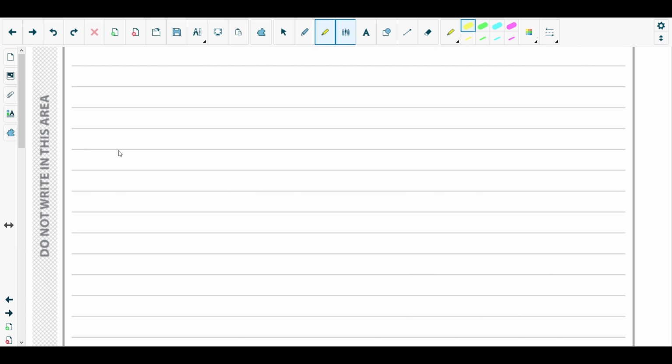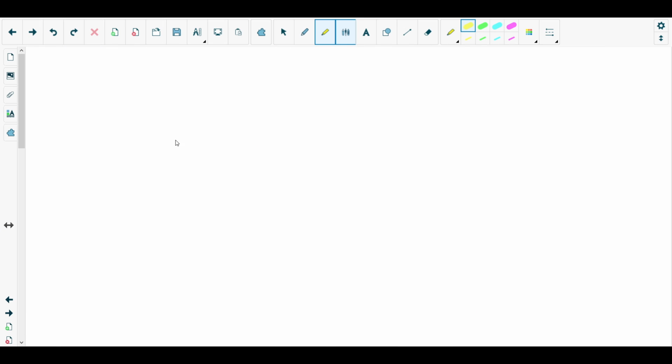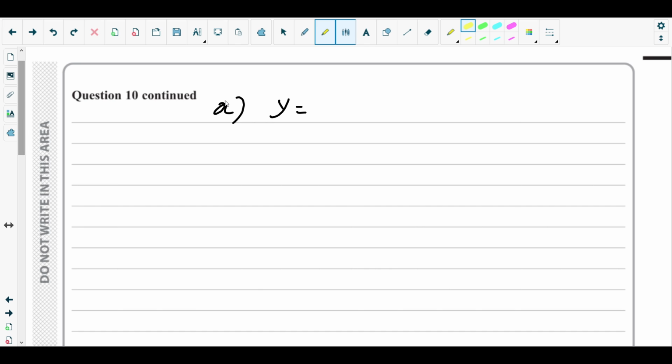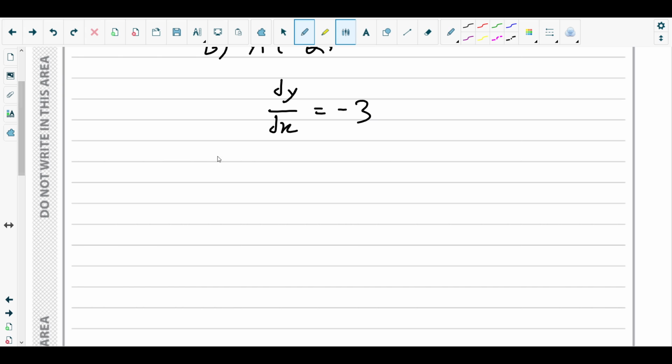So what we can do is equate dy over dx. For part B, we can write that at Q, dy over dx would also be negative 3. So what was the derivative of the curve?